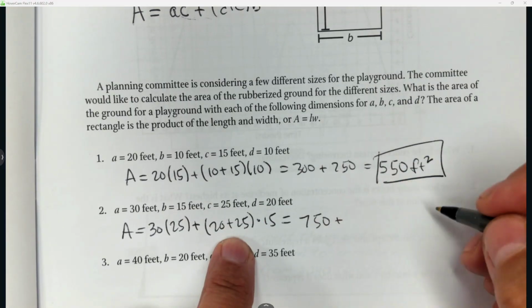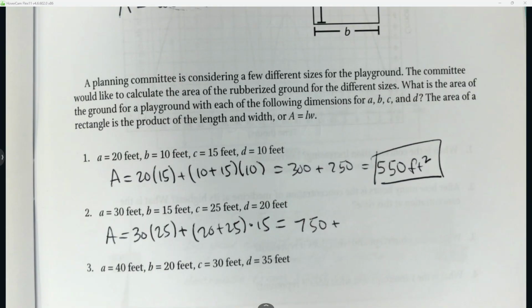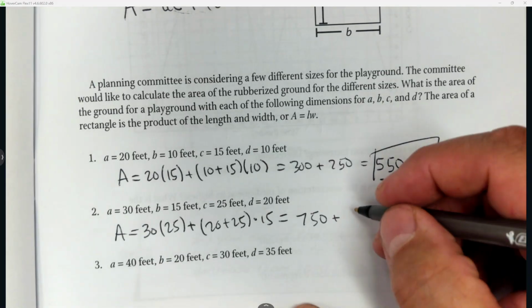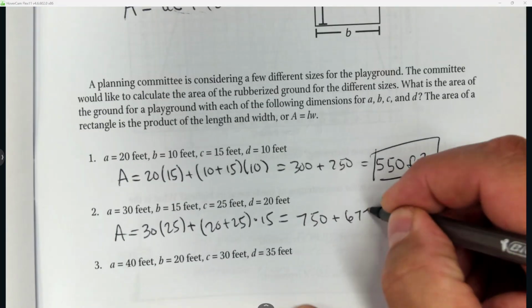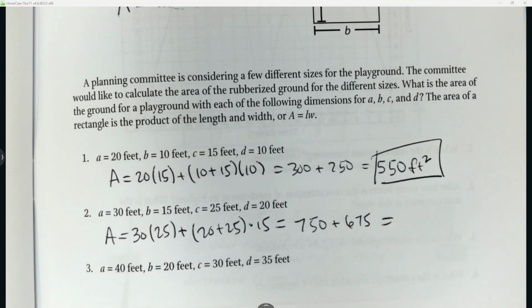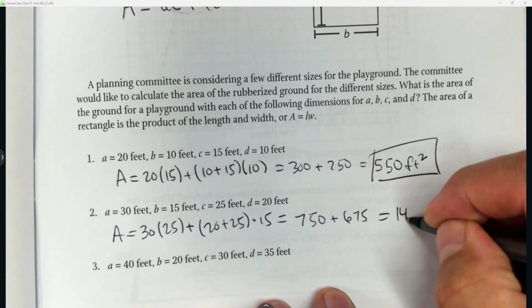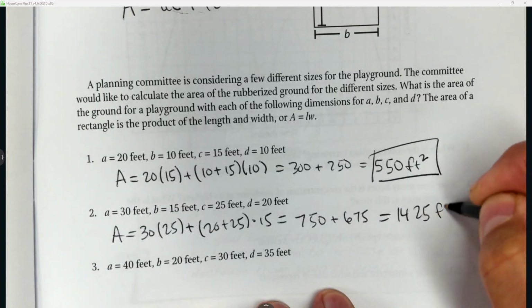This is 45 times 15. You don't even see it, but I've got a calculator beside me. 45 times 15, that is 675. And then if I add that together, you could put them underneath each other, but it's 1,425 feet squared.